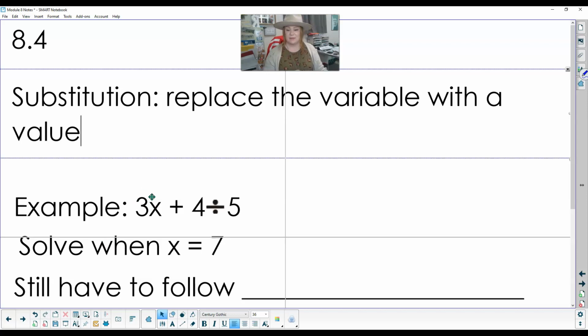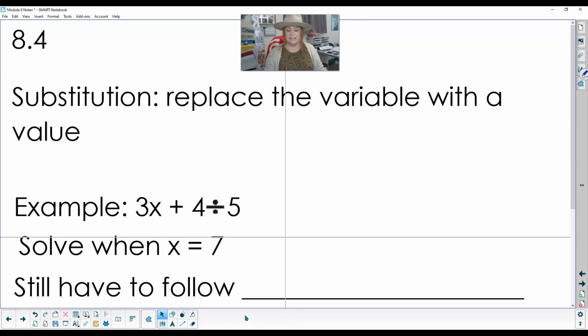So here we have 3x. This means 3 groups of x. We have 3 x's. It's telling us that x equals 7, so we need to replace this value for the variable. Now, what we're not going to do is just put 7 next to the 3.